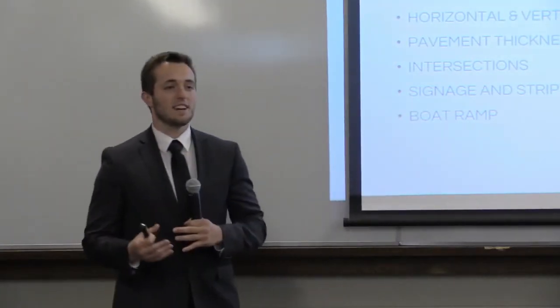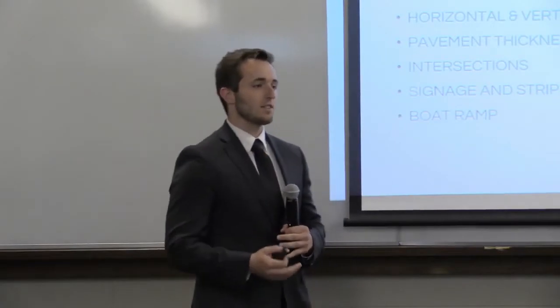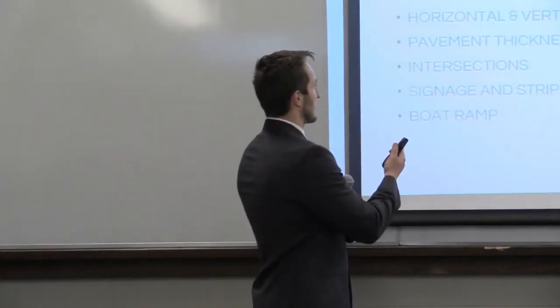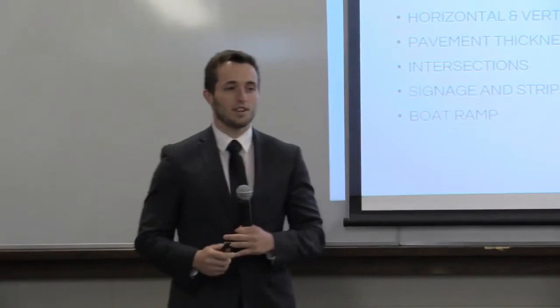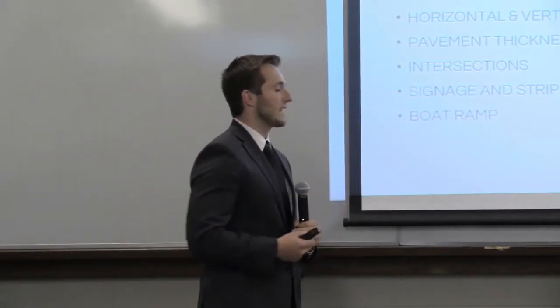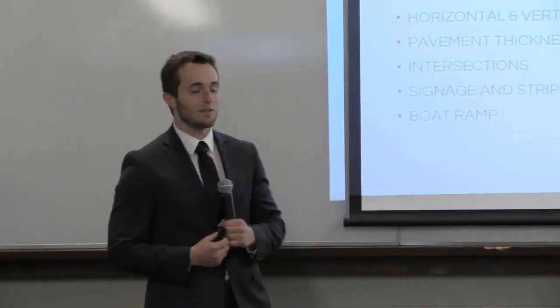Now, all of my designs were based off of a certain design vehicle, and in our case, we used one called P/B, which is a car with a boat trailer, with a total length of 42 feet and a turning radius of 24 feet.